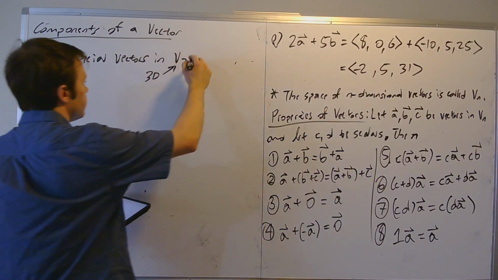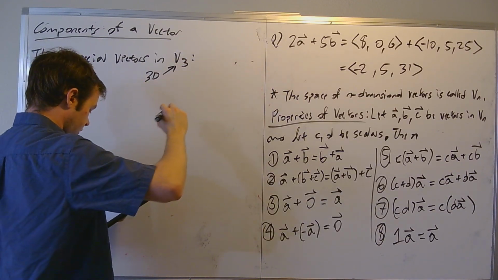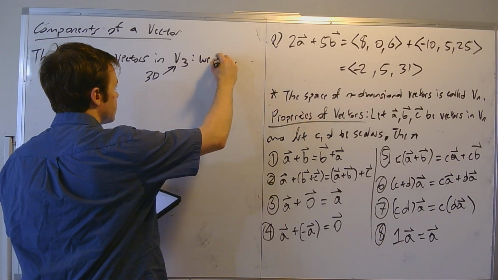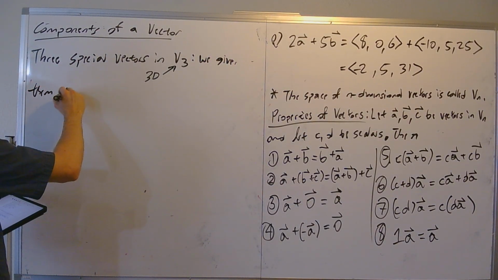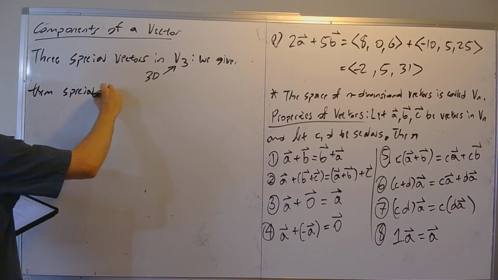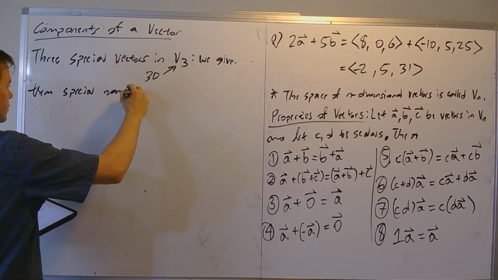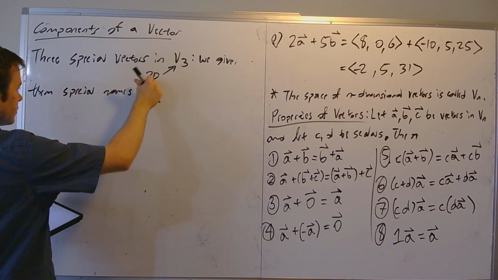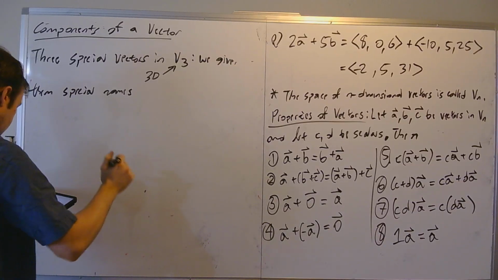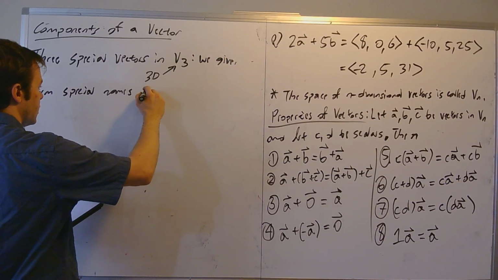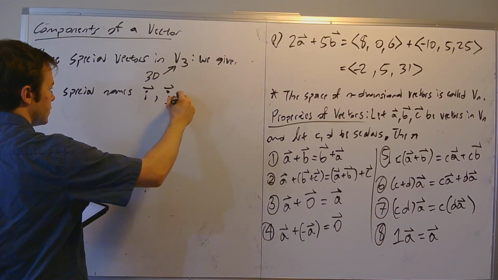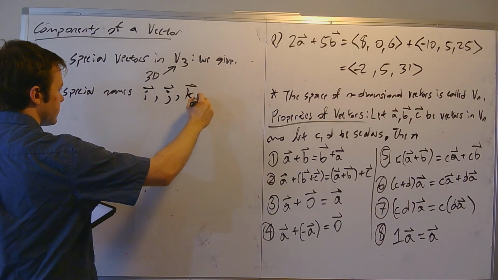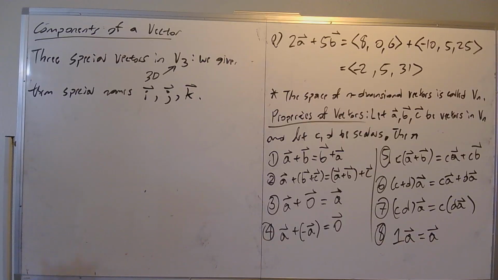And we give them special names, which are going to be vector i, vector j, and vector k. So those letters are reserved for just these three special vectors.